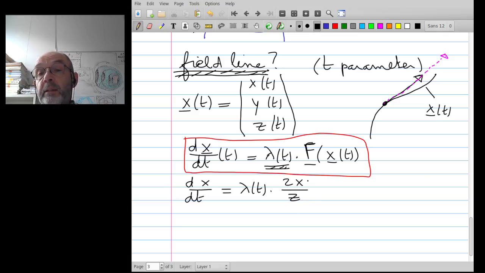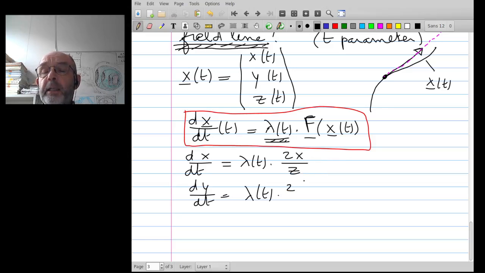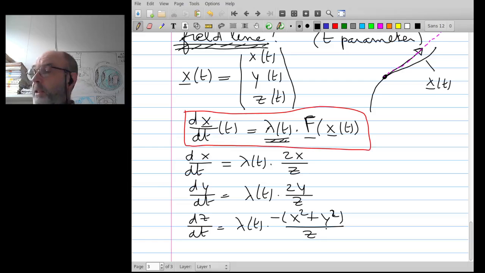And let me write also all the other equations in the same way. You get lambda(t) times, and I leave the t away, we know they depend on t, 2y divided by z. And we have the last component, also lambda(t) times, and don't forget the minus sign, minus (x squared plus y squared) divided by z.